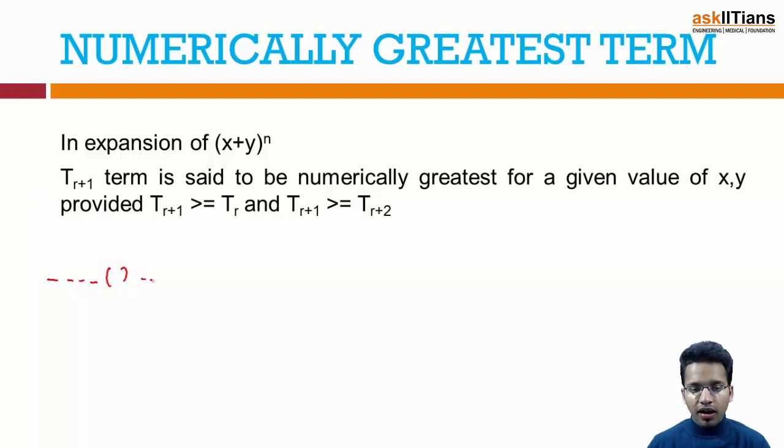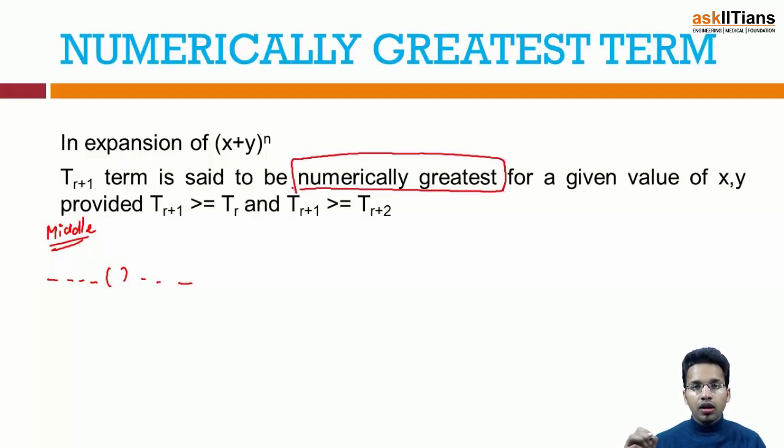In the middle they were maximum, then again they were decreasing. So when we talked about the middle term in the last part, the coefficient will be greatest for the middle term. But if I am looking for the numerically greatest term, then I need to consider x and y also.